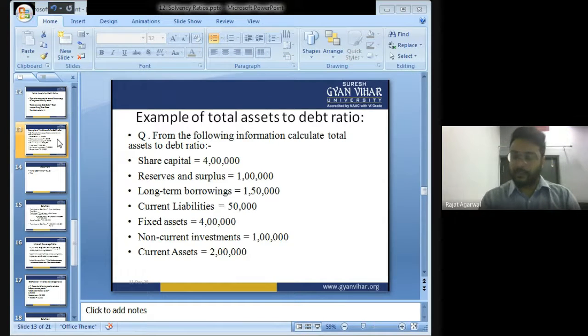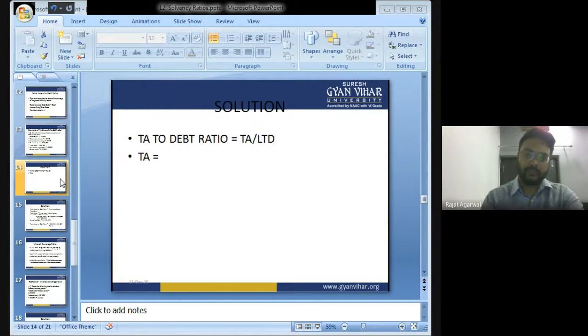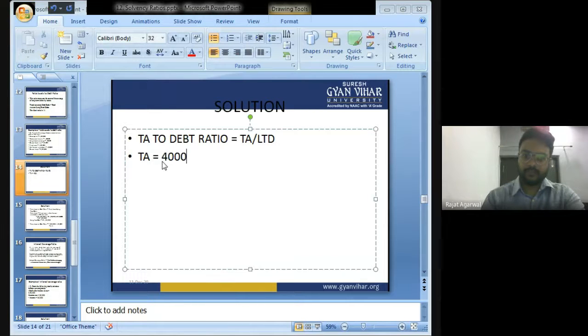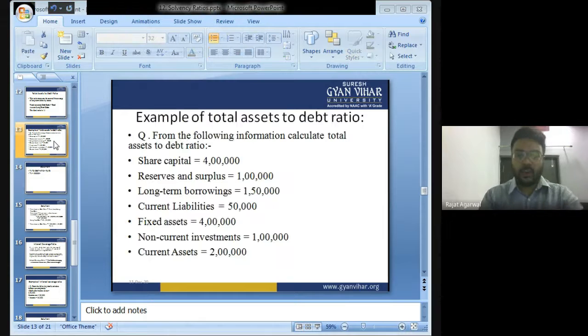Share capital is a part of liability, reserve and surplus is a part of liability, long-term borrowing is a part of liability, current liability is a part of liability. Fixed asset, we are going to take fixed asset that is 4 lakh. Then non-current investment.